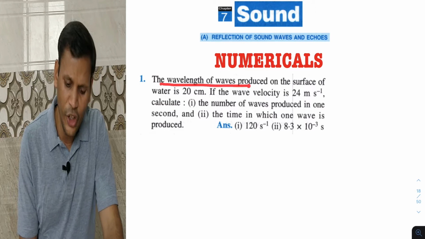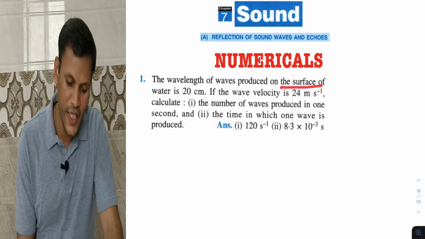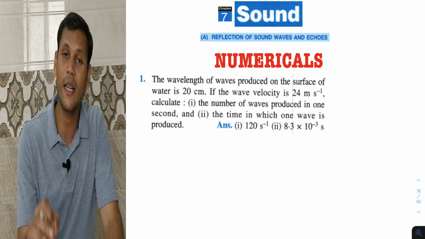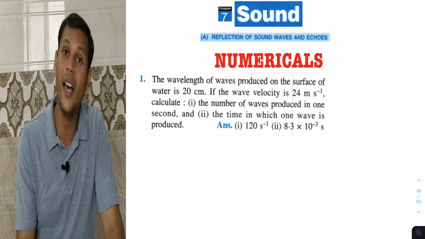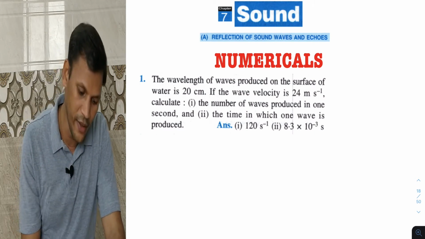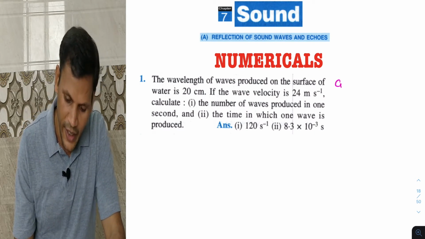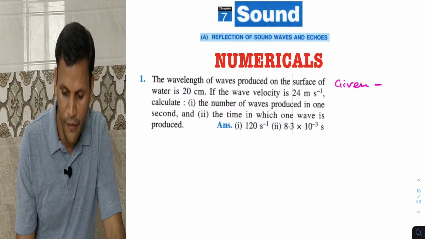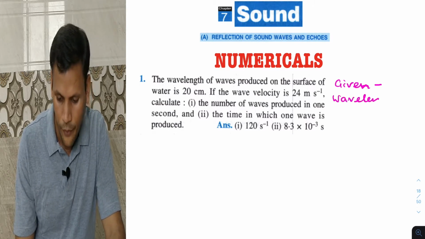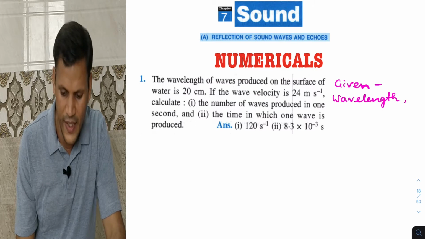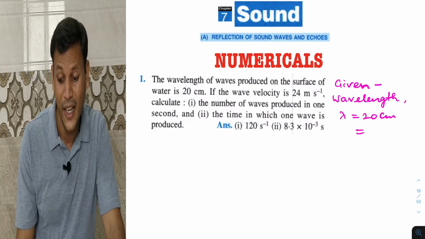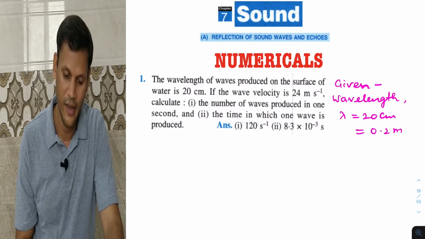The wavelength of the wave produced on the surface of water is 20 centimeter. Wavelength is represented by lambda and its value is 20 centimeter. So we can write the given part. What informations are given? Wavelength, that is represented by lambda, that is 20 centimeter, which is 0.2 meter.